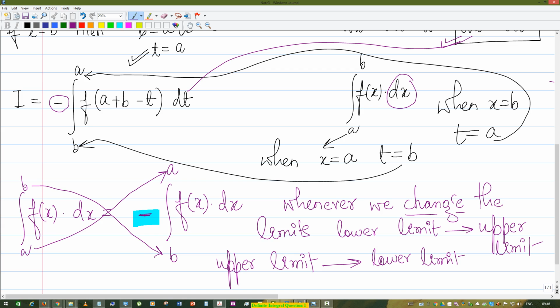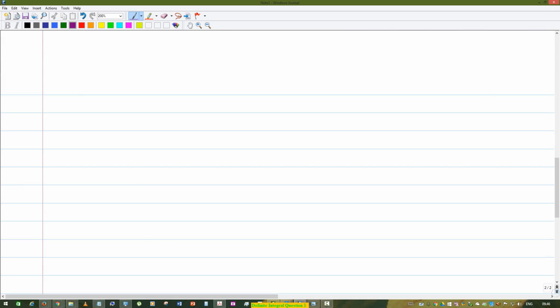So in this particular integral, we need to see that there was a negative sign. So what we had was the integral minus b to a of f of a plus b minus t dt.